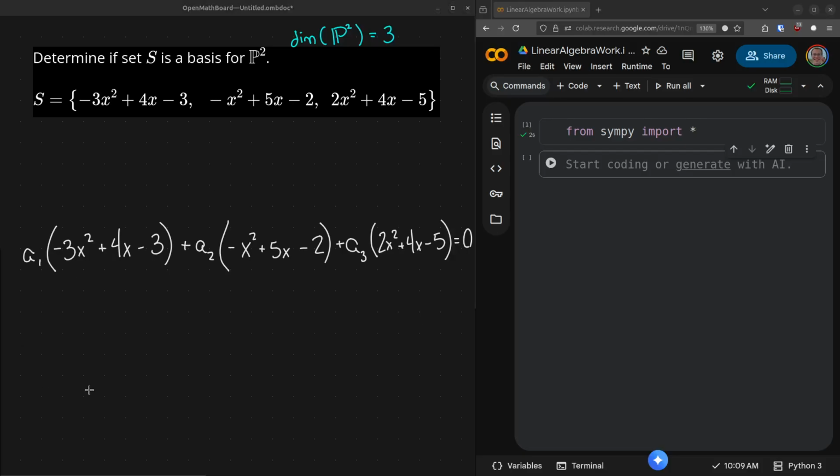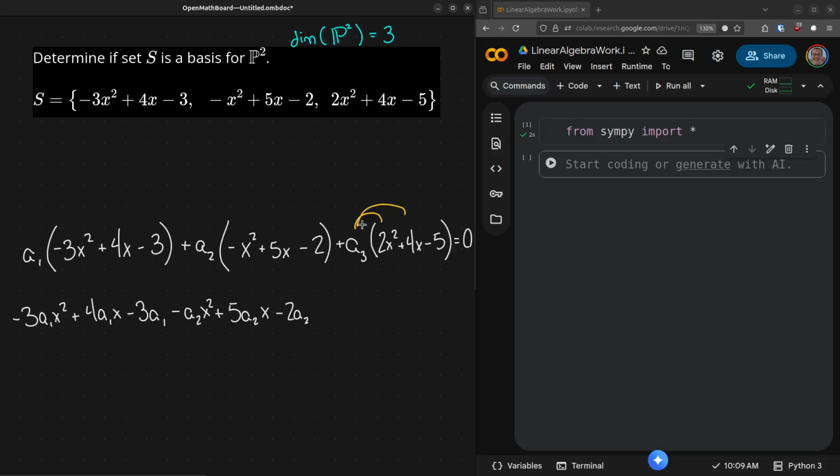So what we're going to do is distribute a1, a2, and a3, and then combine like terms. So I'm going to get negative 3a1x squared plus 4a1x minus 3a1. If I distribute a2 into my second vector, I get negative a2x squared plus 5a2x minus 2a2.